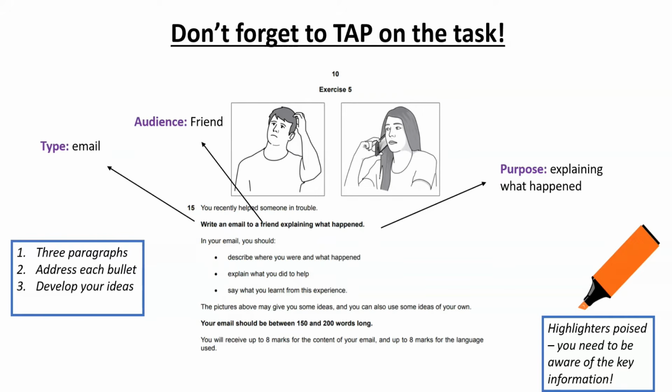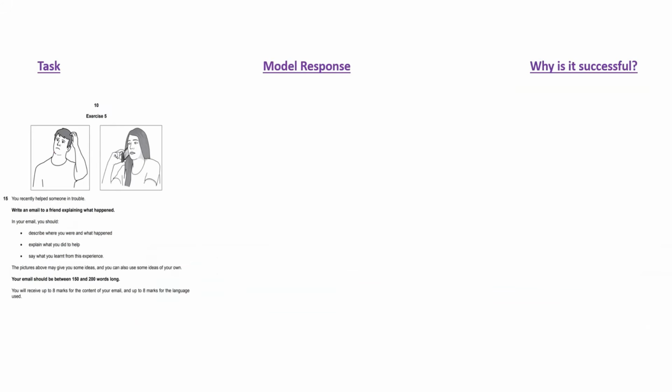You need to address each bullet point equally, and you must develop your ideas, and feel free to use the pictures. Sometimes they can be helpful, but the most important thing is that you read the bullet points carefully. So let's take a look at what success looks like. Let's look at a model response to this question.